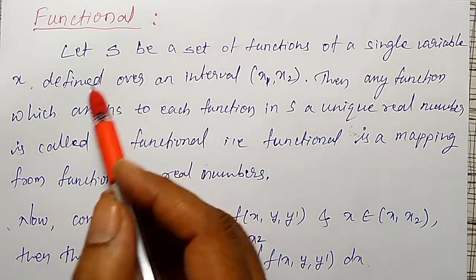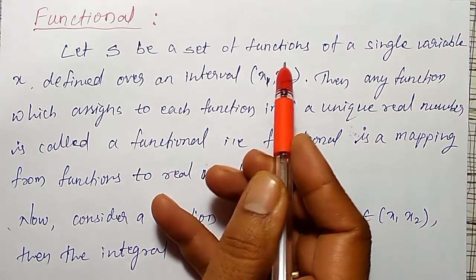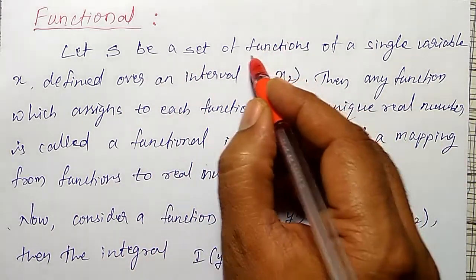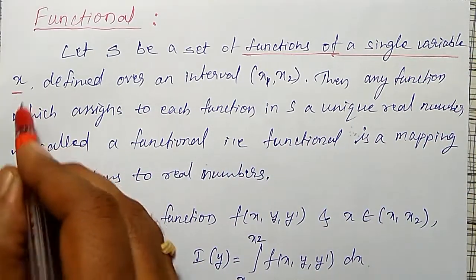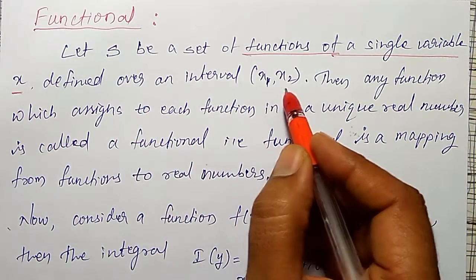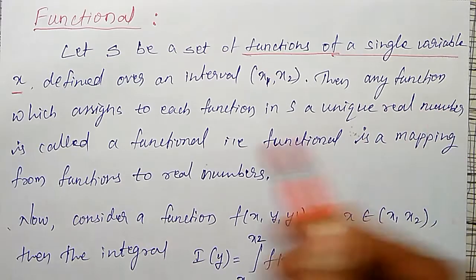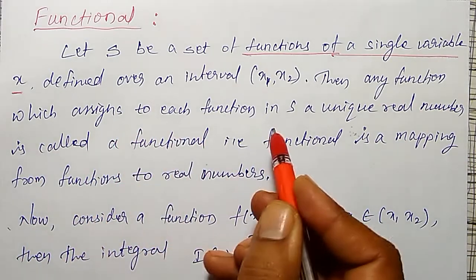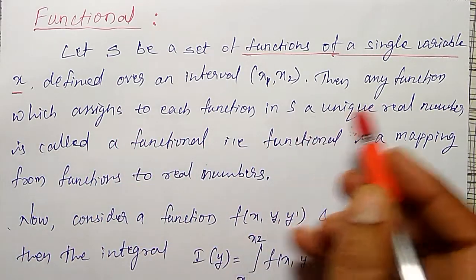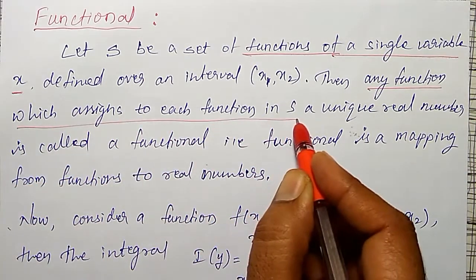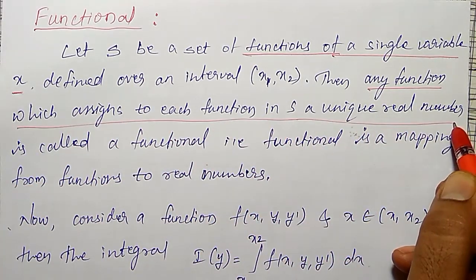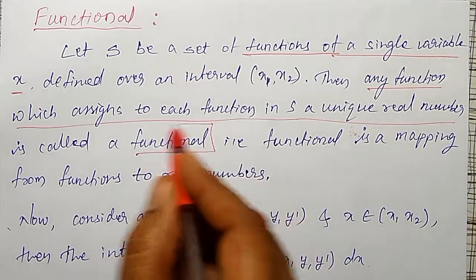Now functional: let S be a set of functions. Very important, S is a set of functions of a single variable x defined over an interval x1 to x2. Then any function which assigns to each function in S a unique real number is called a functional.